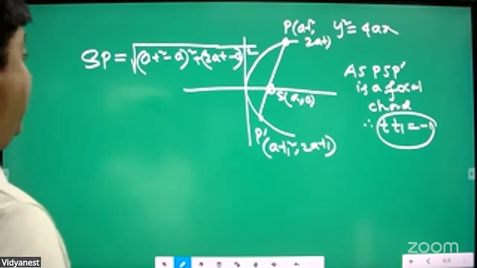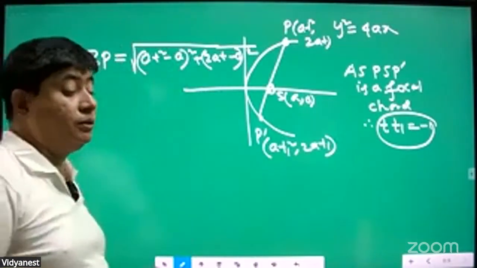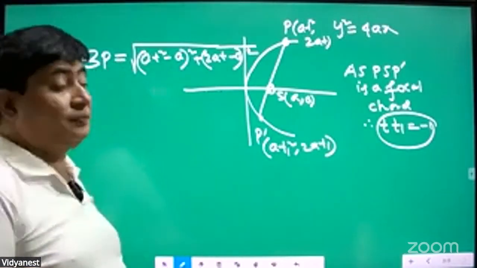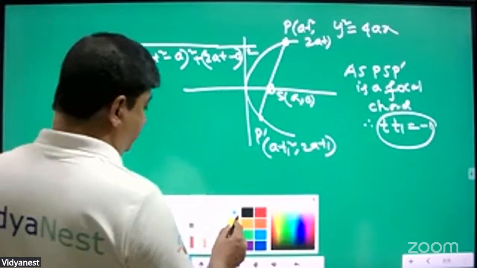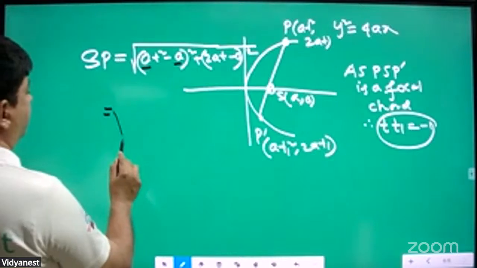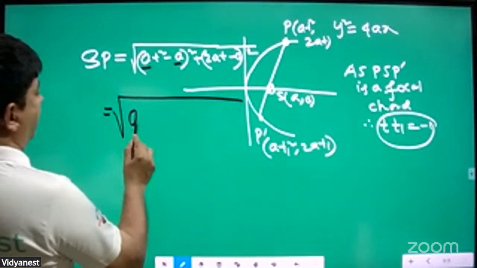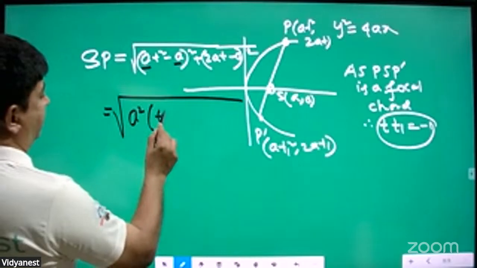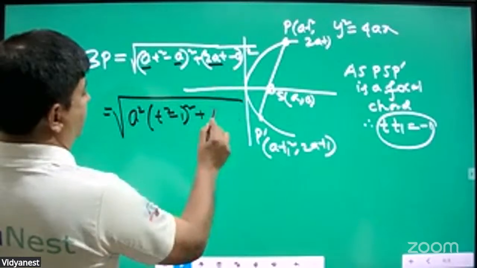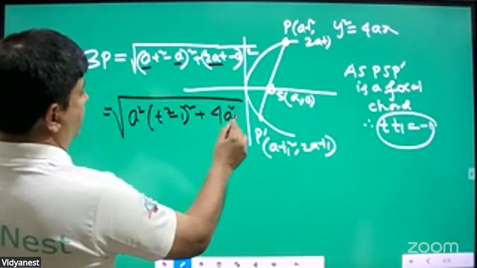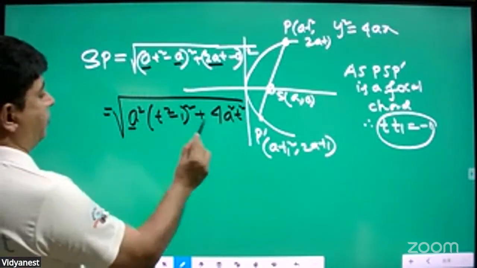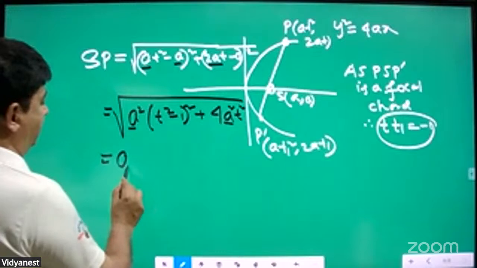It demands your skill which you have consumed in junior class. See, from here I can take a common, so that will be brought out in terms of a square. And there is (2at minus 0), 4a square t square.